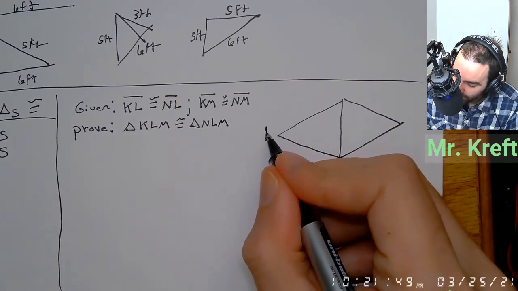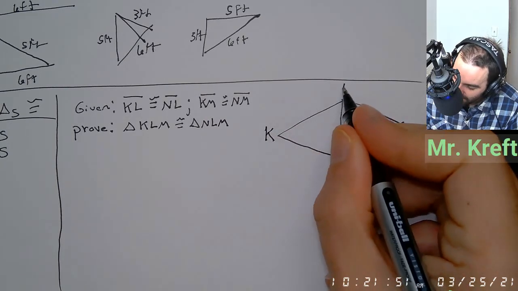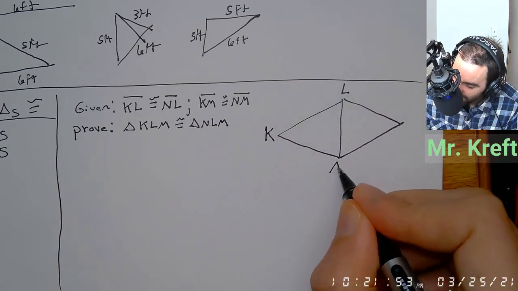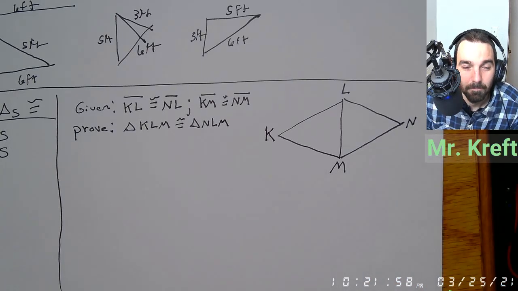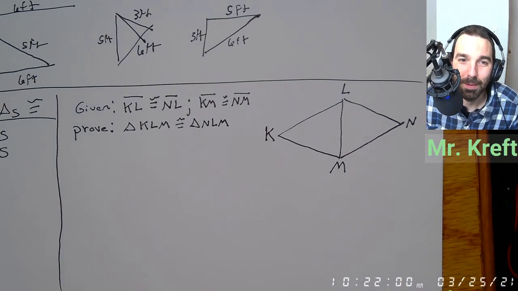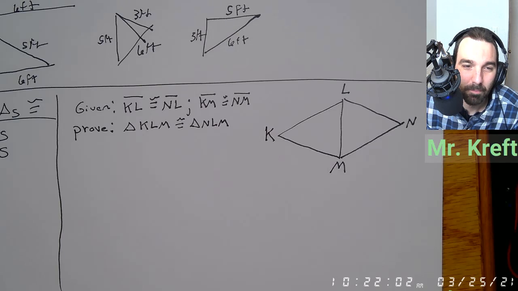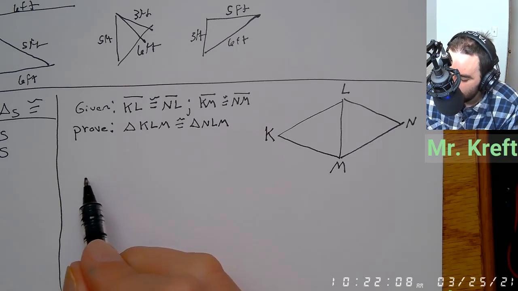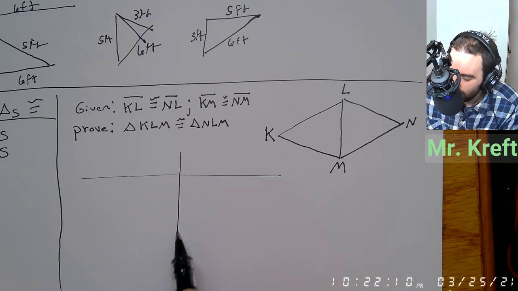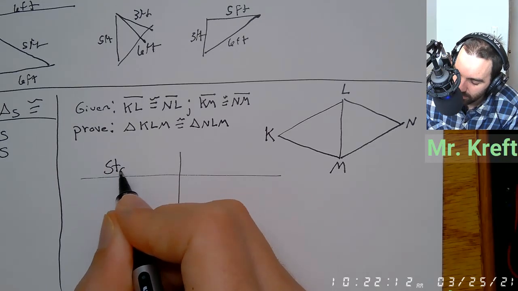I'm going to label this K, L, M, and N. And then we're going to have a two-column proof. Some people are coming in really late.